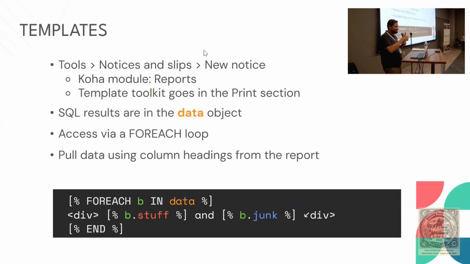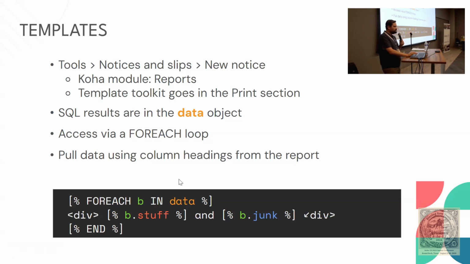So yeah. And then the results are in the data object, and that's an important thing to recognize. Whenever you're looping through the report in the template, you're going through each B, which is your row, in the data, which is the results of the report. That's really the only Template Toolkit you need to know aside from how to pull the fields.